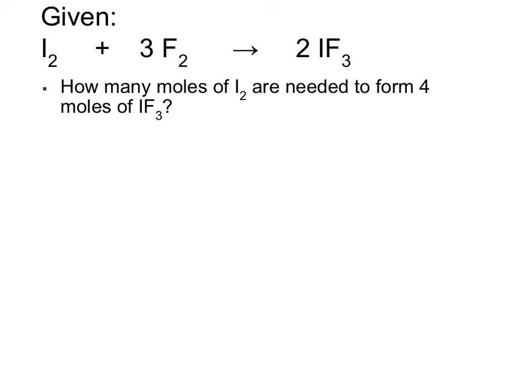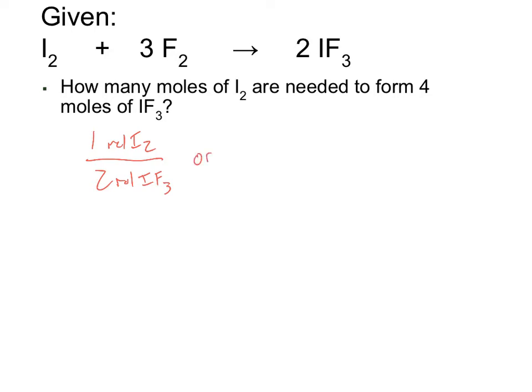In this example, we want to know how many moles of I2 we need in order to form 4 moles of IF3. We look at our balanced chemical equation, and we see that for every 1 mole of I2 that I start with, I form 2 moles of IF3. And so my conversion factor between the two is 1 mole of I2 to every 2 moles of IF3.